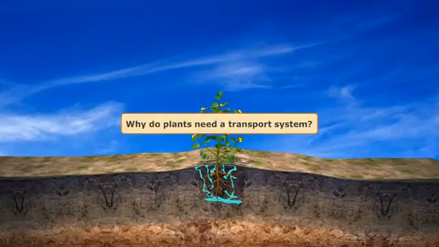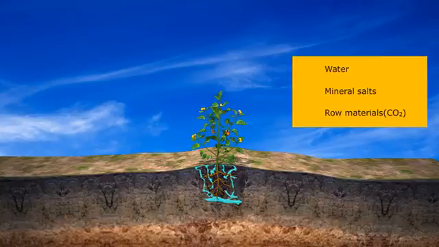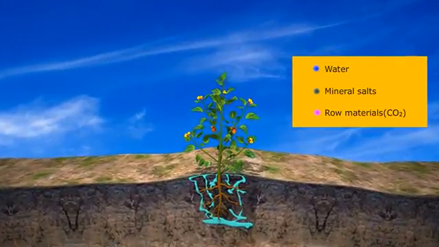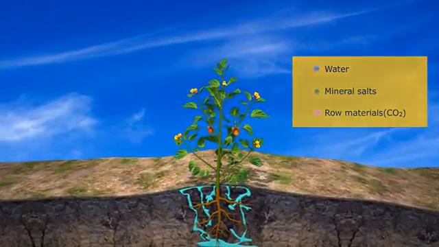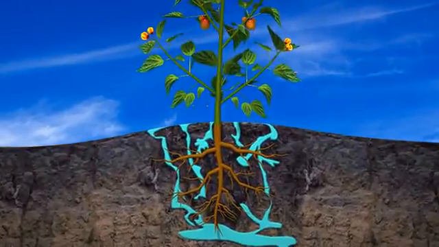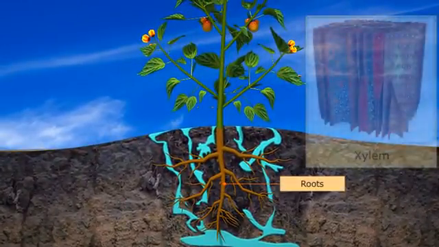Why do plants need a transport system? Plants need water, mineral salts, and raw materials for photosynthesis in order to survive. The water and mineral salts from soil are transported into plants through roots.